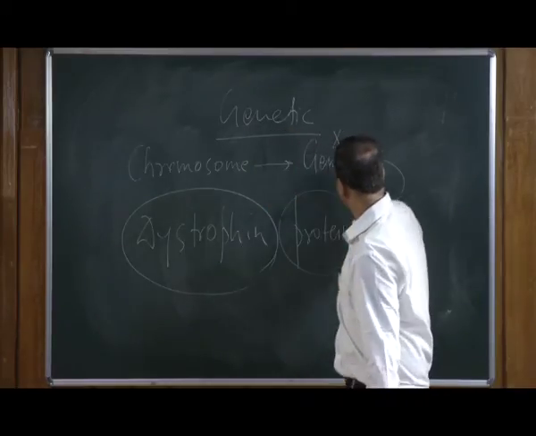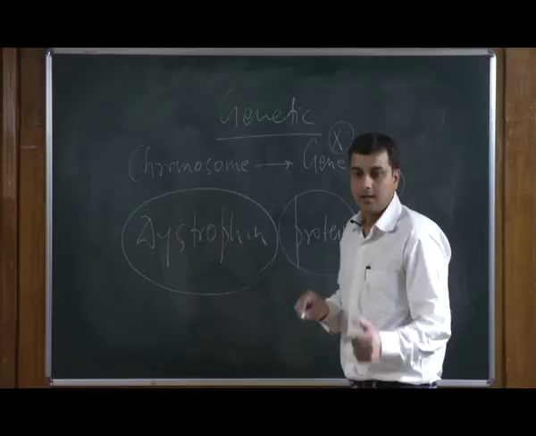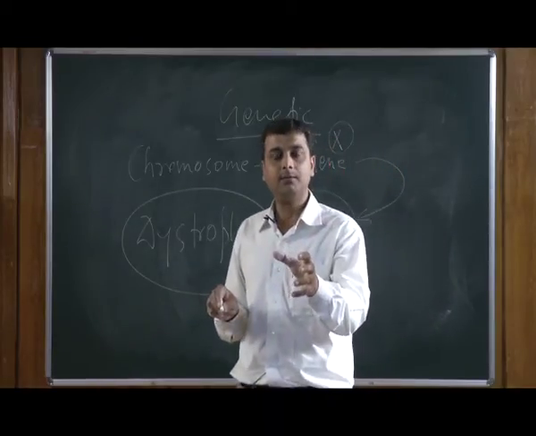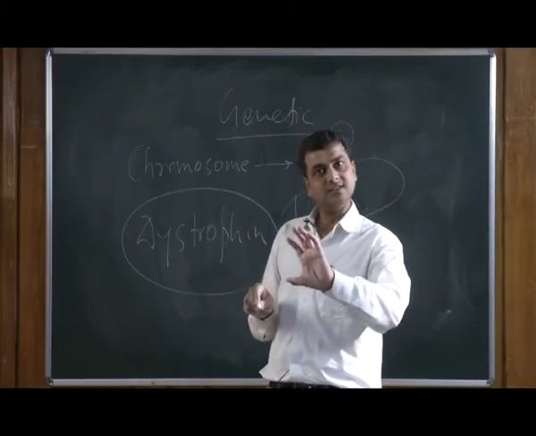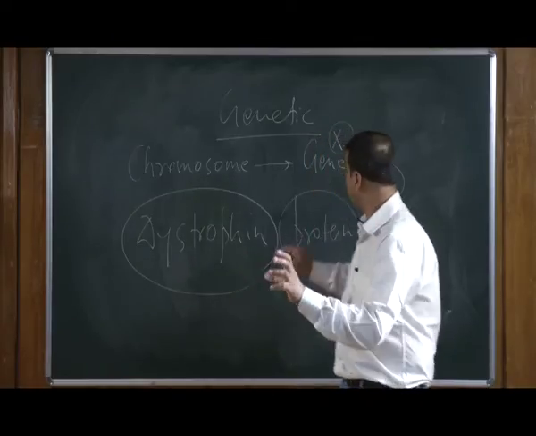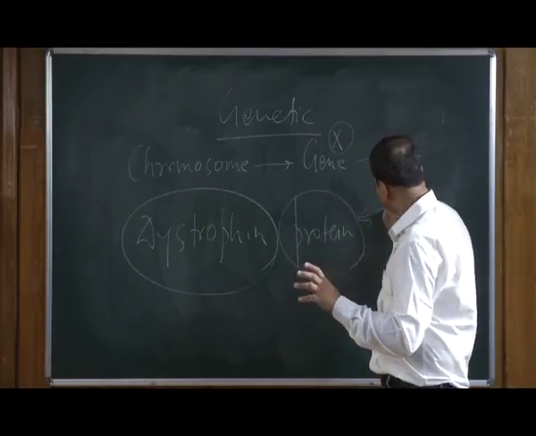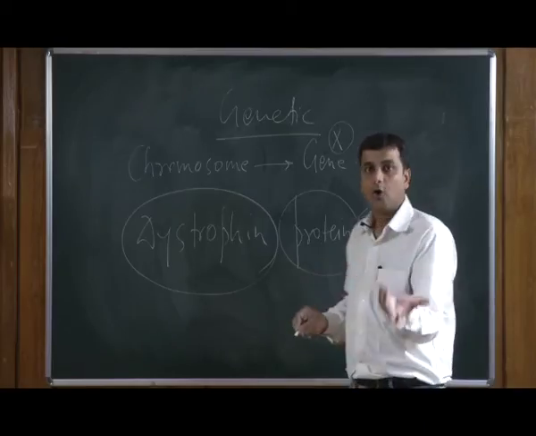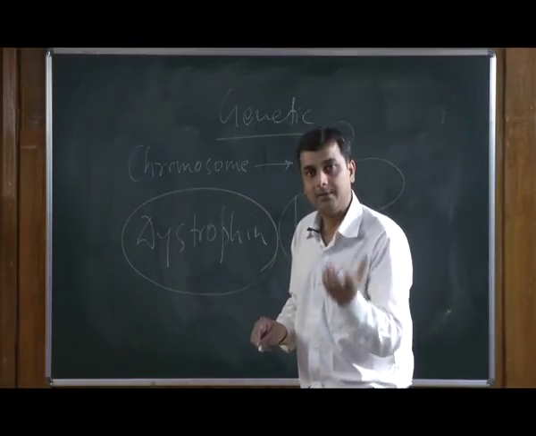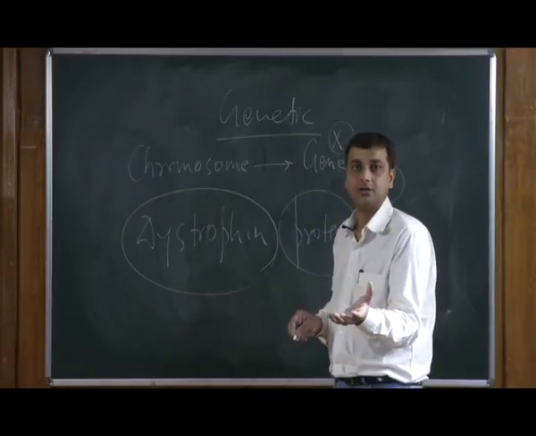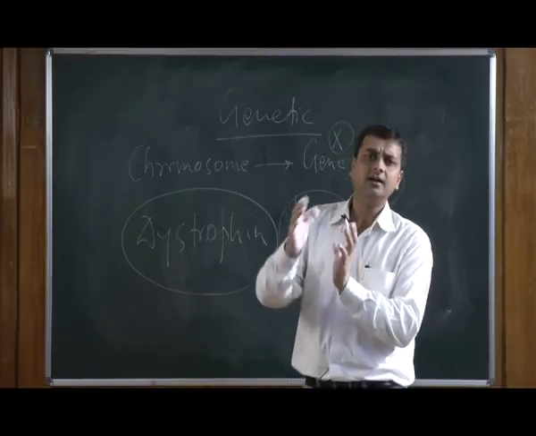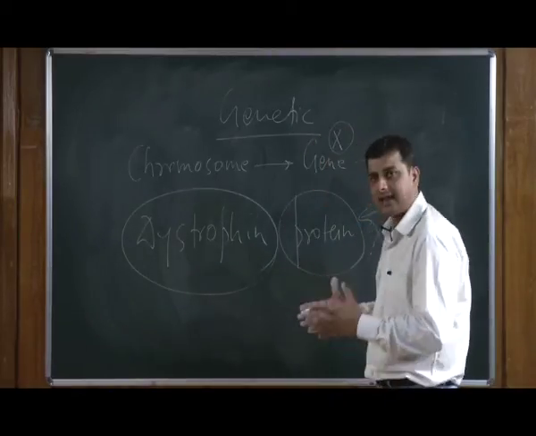So, there is a problem at the gene level, and because of this gene problem there is a mutation. Mutation is any abnormality in the gene, and because of this abnormality there is abrupt or no production of protein, or insufficient or different form of production of protein, and anything can happen, right.